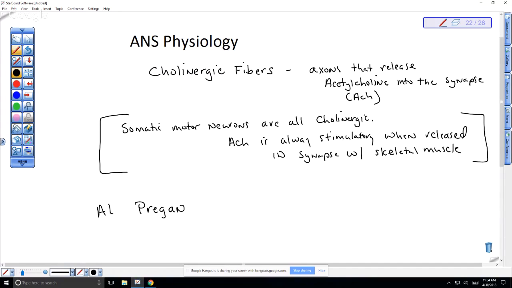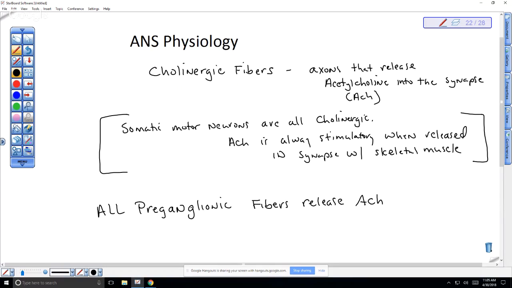So even in the sympathetic nervous system, the neurons that connect to the ganglia from the central nervous system all release acetylcholine.